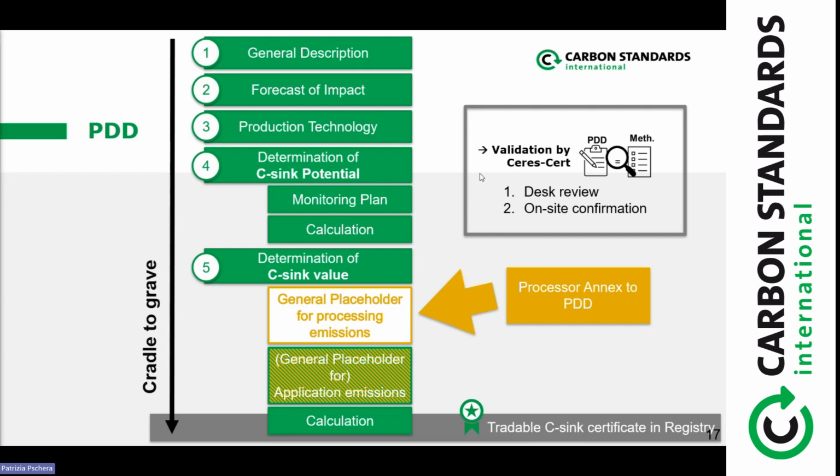This PDD will be validated by Cerescert, where they check whether the PDD is in line with the methodology. And they do first a desk review, and the second step will be the on-site confirmation.